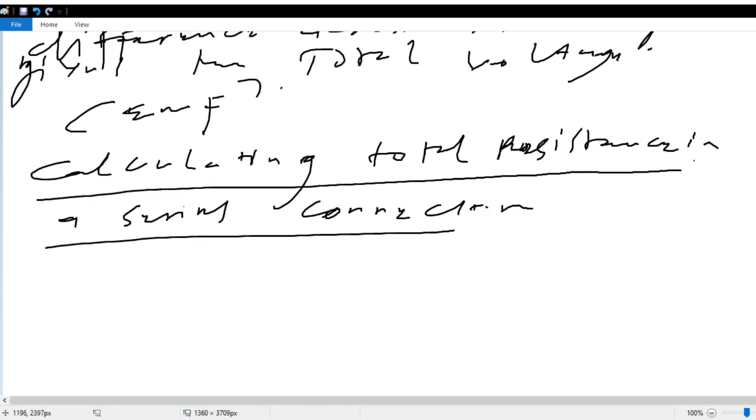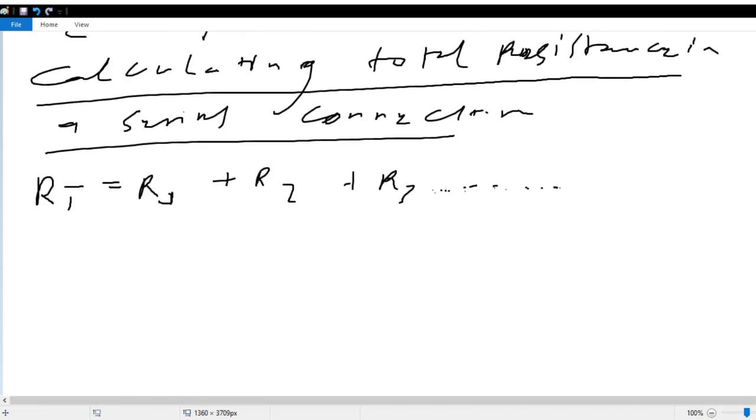For you to calculate the total resistance in the series connection, say your total resistance is equal to resistance 1 plus resistance 2 plus resistance 3, and you can go on depending on the number of resistors you have in the circuit. So that's the formula that we use. Let us look at just a simple example.